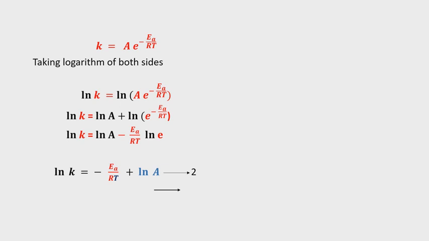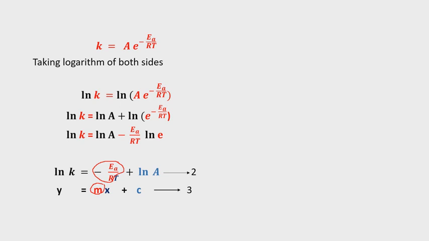This is equation number 2. Yes, this is equation number 3, y equal to mx plus c. Now we are comparing equation 2 with equation 3. What is the slope here? m is your slope, so this is your slope, minus Ea by R. Very, very important objective question.